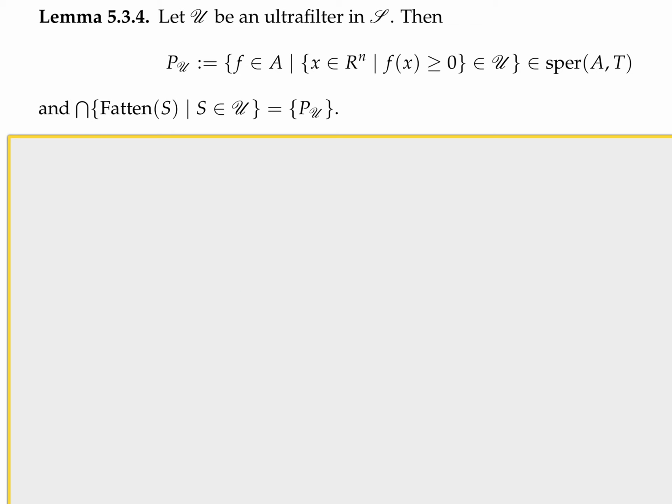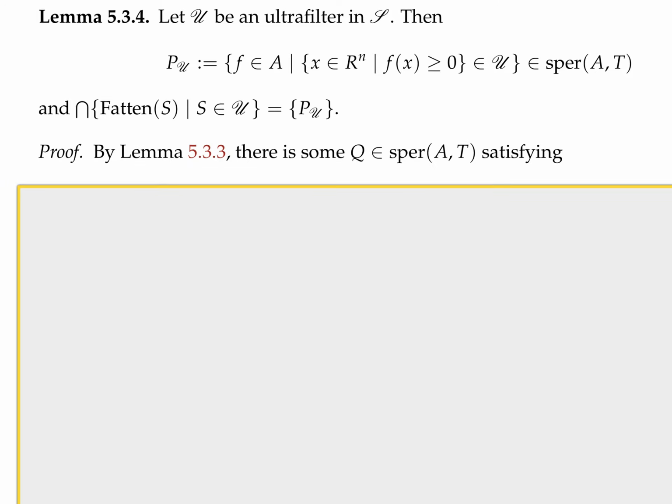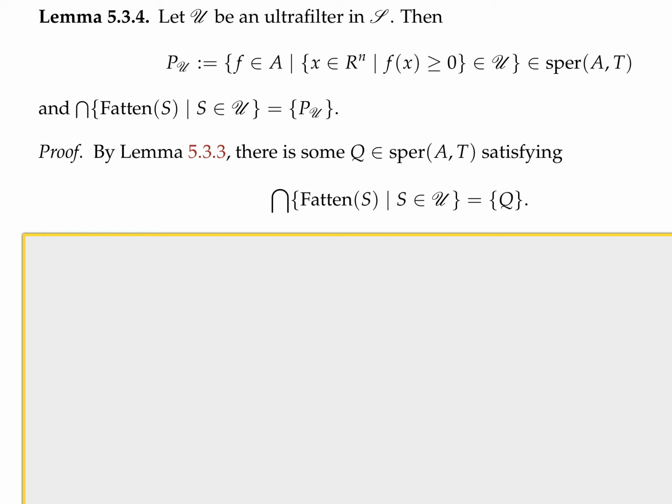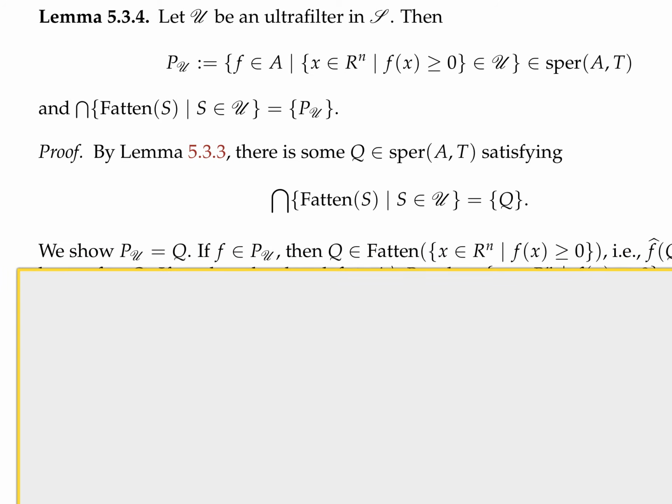Okay, good. So by lemma 533, there is some Q in the real spectrum of AT, satisfying that the intersection over all these fattenings is exactly Q. Okay, that's because U is an ultrafilter.